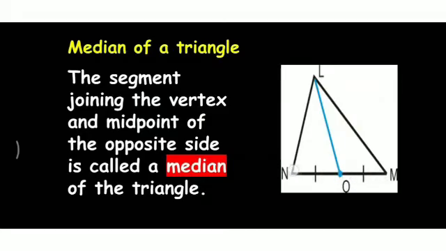So what is the median? It is the segment joining the vertex, so here vertex is L, and the midpoint of the opposite side. So midpoint is O and the opposite side is MN. So segment LO will be the median.